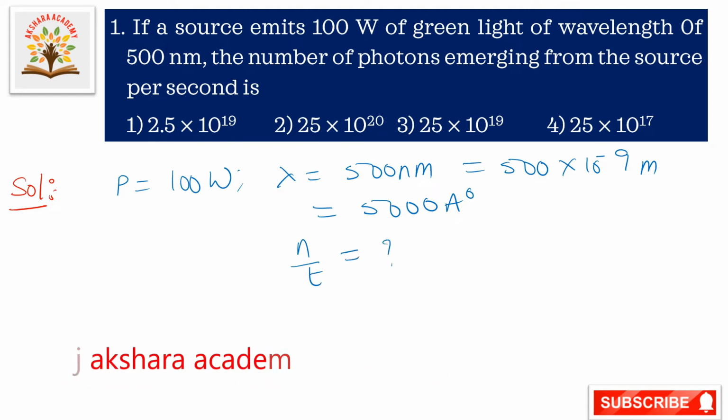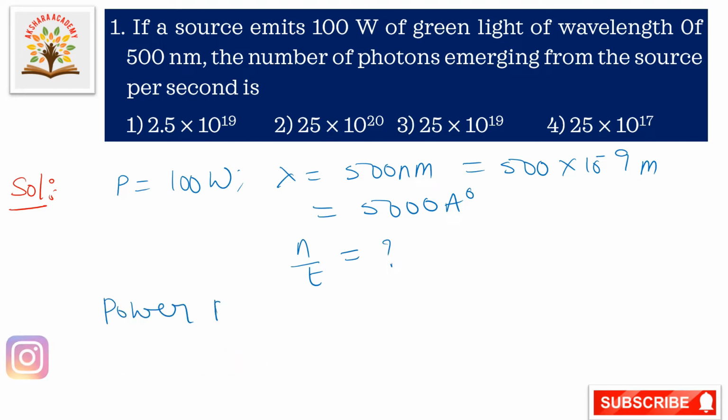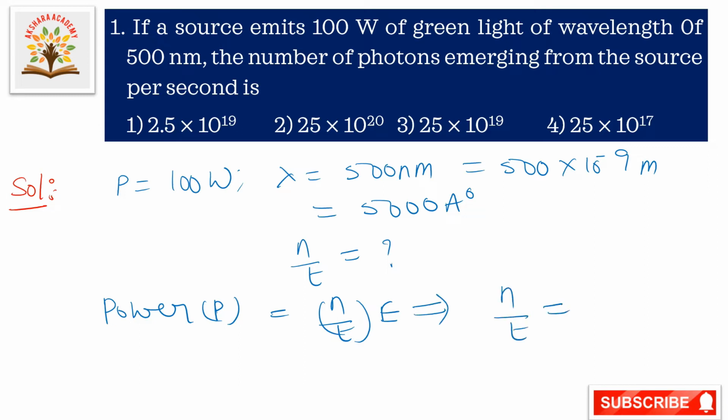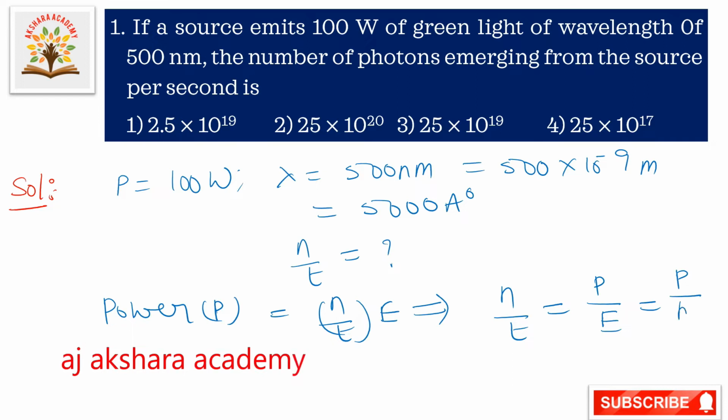Power P is equals to N by T into E. So from this we can write N by T, number of photons per second, is equals to P by E, that is equals to P by hc by lambda.